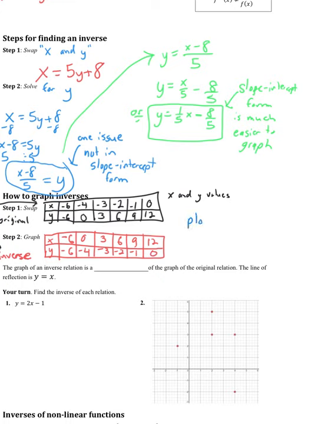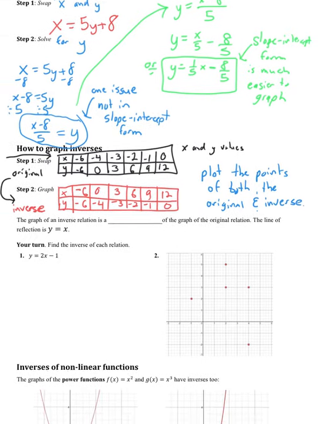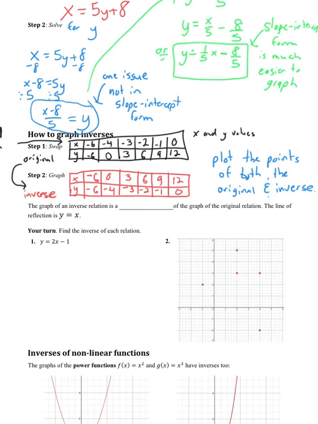Since we don't have a grid, we'll just say plot the points of both the original and the inverse. This is what we'd want to do on our graph, but I'll have you practice that on problem number 2 down here.